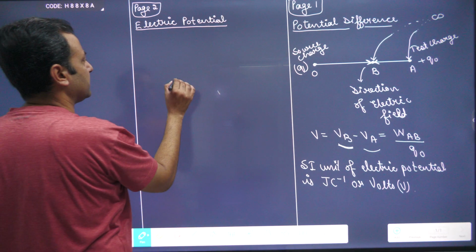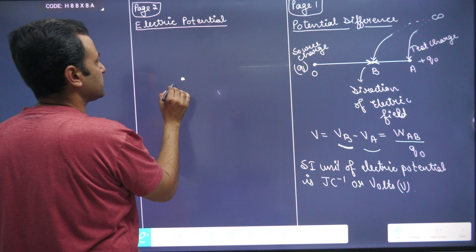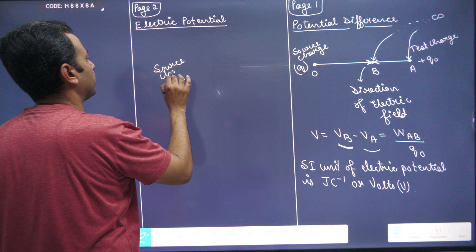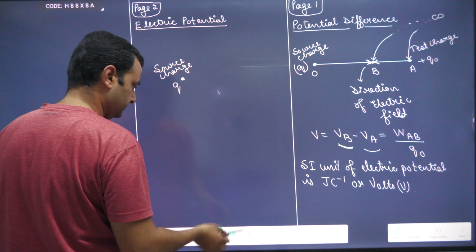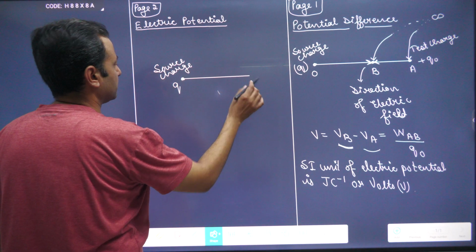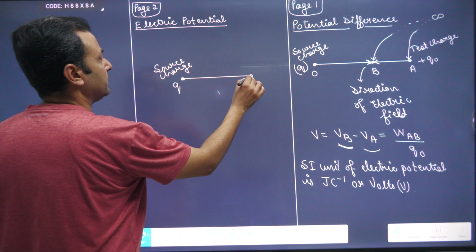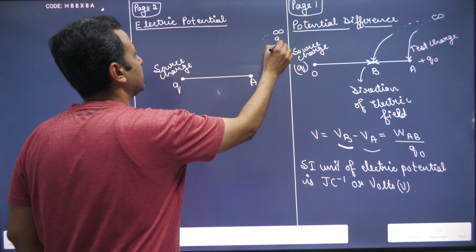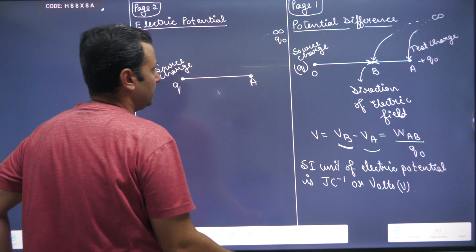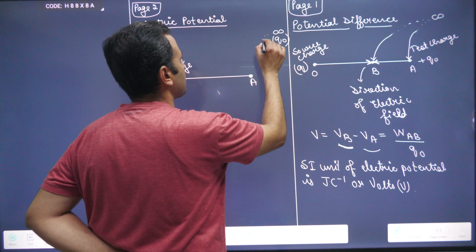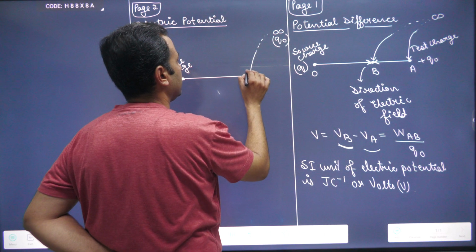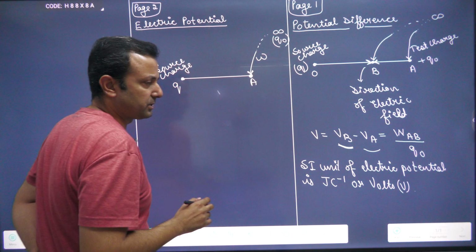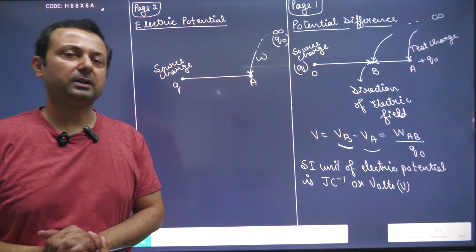Suppose I have a source charge Q, and there is a point A, and from infinity I am bringing a test charge Q naught and locating it at point A. The work done in bringing this test charge from infinity to point A is called electric potential.